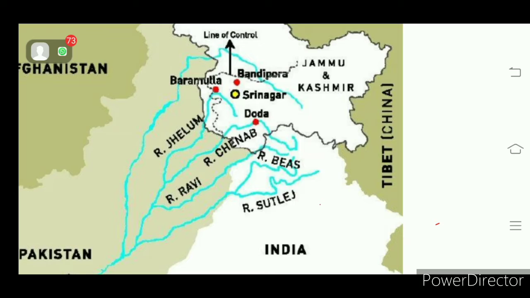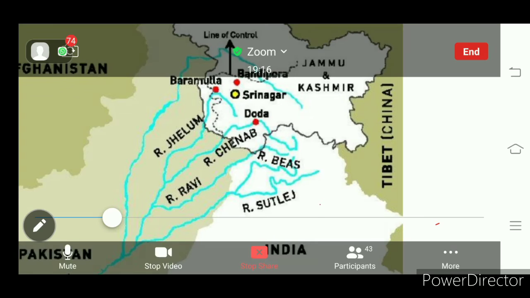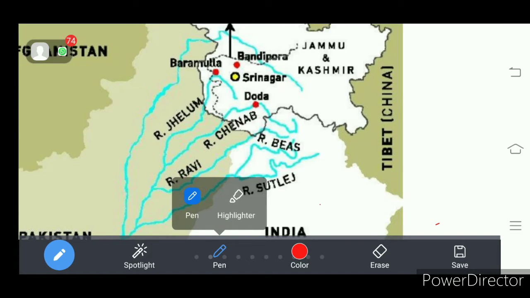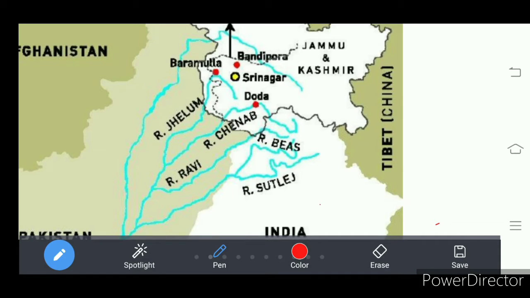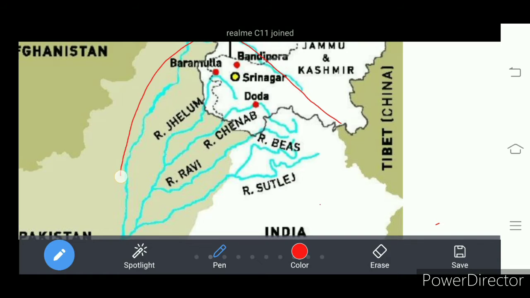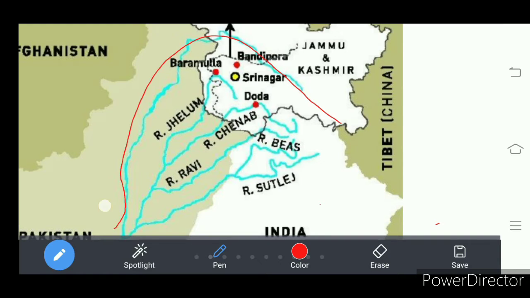The slide is showing here. Here you will find the river Indus flowing from Lake Manasarovar, and in this way it enters into Pakistan and finally joins the Arabian Sea.